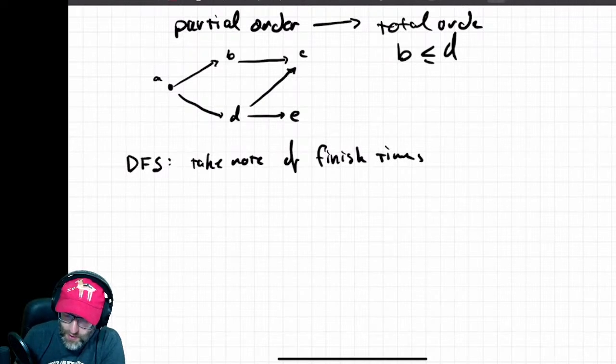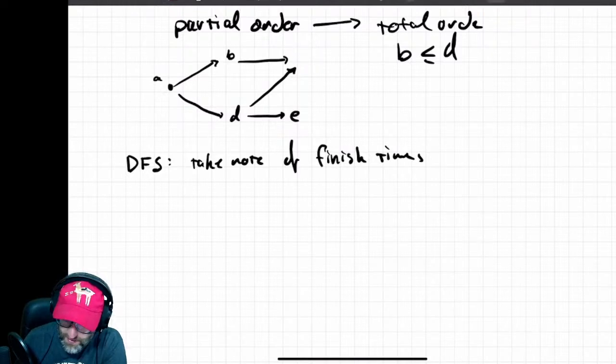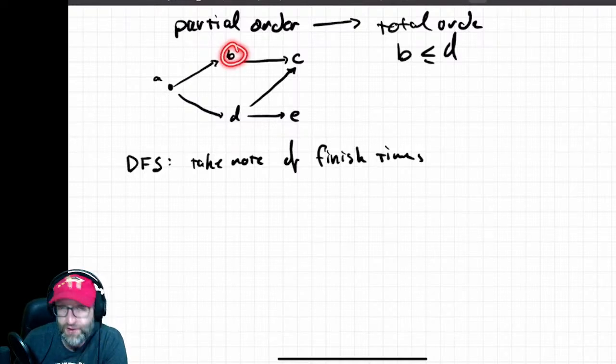I'll go ahead and start at A. You can start at an arbitrary vertex. It doesn't matter. You might have to start over. For example, if I started at C over here, then I would only ever explore C, finish it up, and then have to start somewhere else. Actually, let's go ahead and make it interesting, and I'll start at B here.